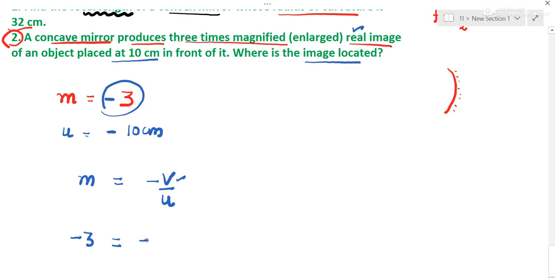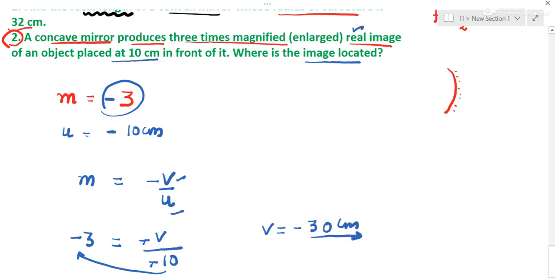The distance of the image is to be calculated, and what is u? Minus 10. So minus 10 will go that side. So where is v? Minus 30. So where is the image located?